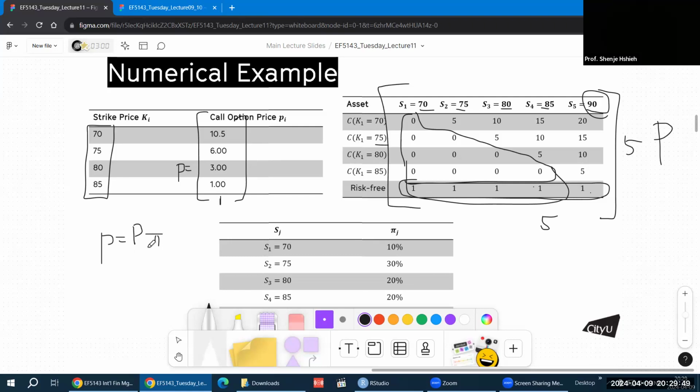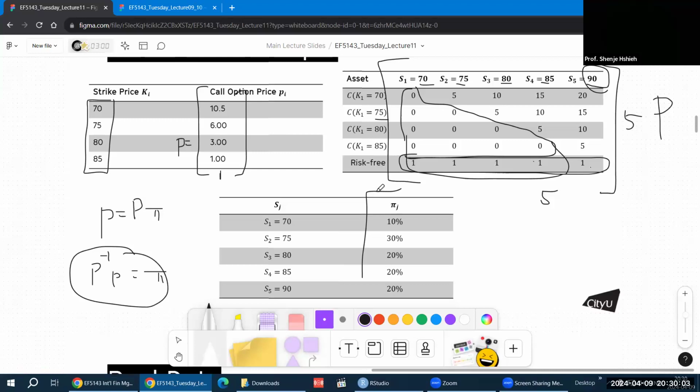All I want to do is invert P, so pi equals the inverse of P times small p. If I take the inverse of this multiplied by this, that should give me precisely this. And you can double check that this is in fact the probabilities that I get.